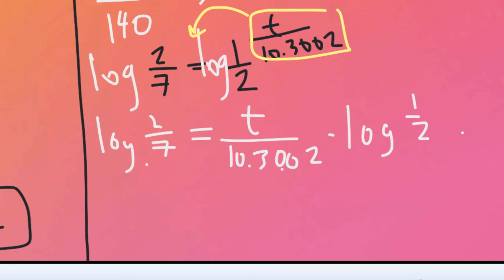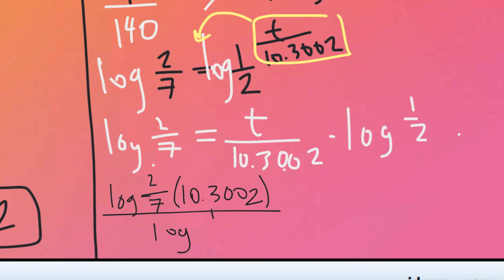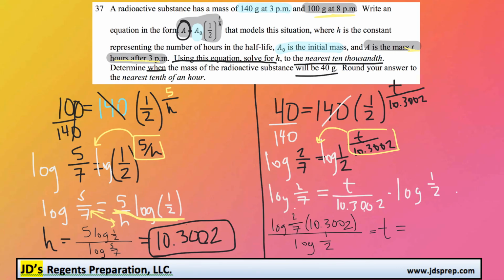Okay, so we're going to take log of 2/7 multiplied by 10.3002, and then divide that all by log of 1/2. And that's what T is going to be equal to. And after you type that all out, you get a final answer of 18.6 if we're rounding to the nearest tenth of an hour. So I guess it would be 18.6 hours properly.